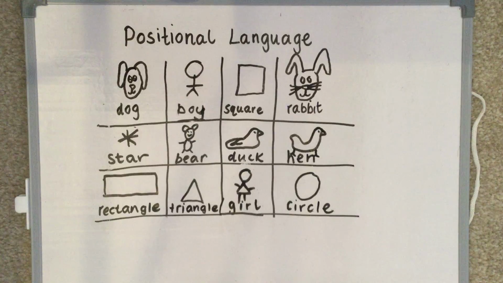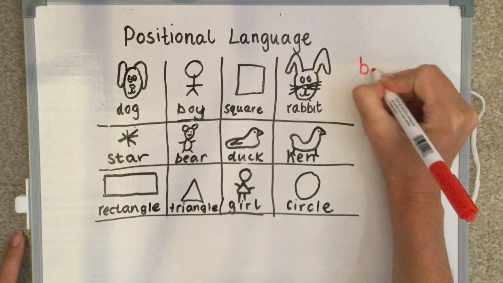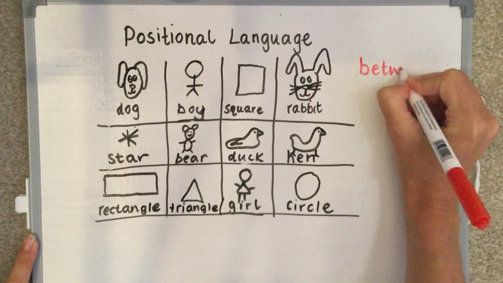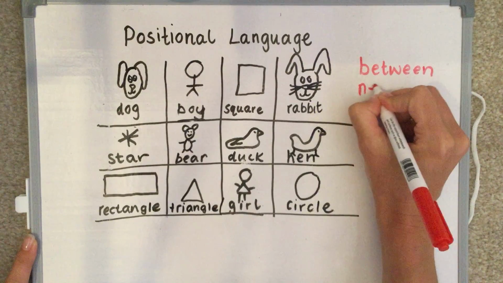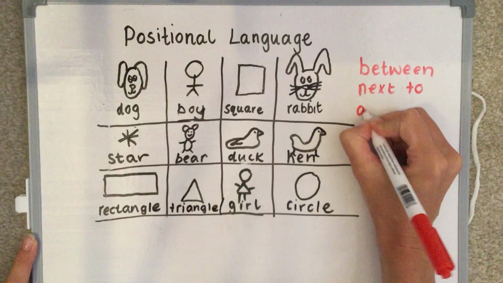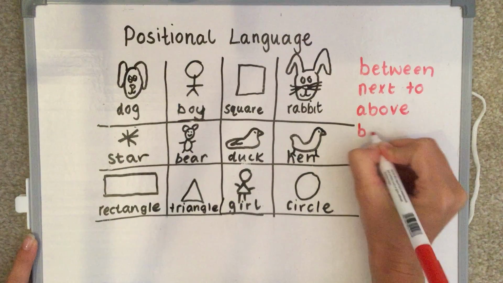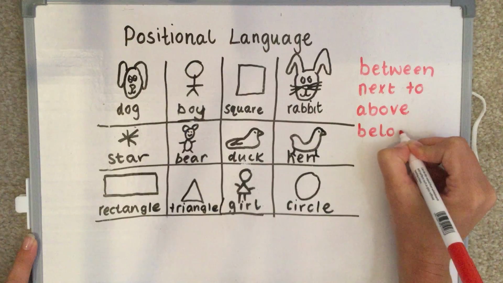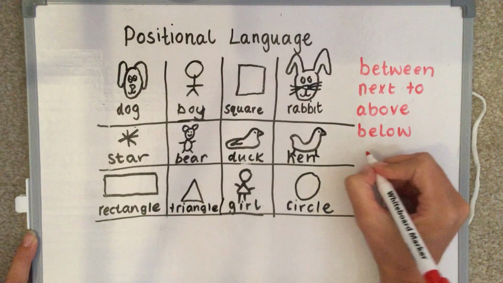Okay, Miss Nixon then would like you to use some positional language. So we've used lots of positional language before, so we could use the word between, next to, above, below, diagonal.